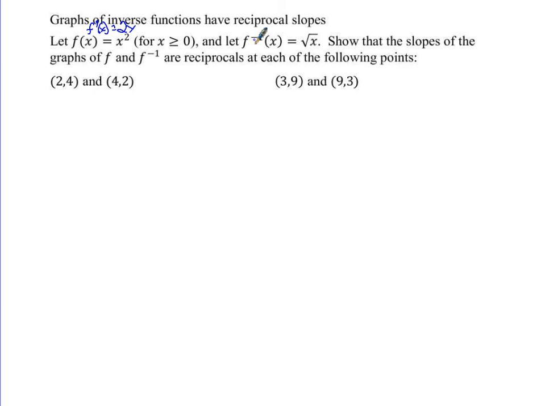And the derivative of f inverse of x, f inverse prime of x, equals what? 1/2 x to the negative 1/2. Is that correct? One over 2 square root x. Is that correct?